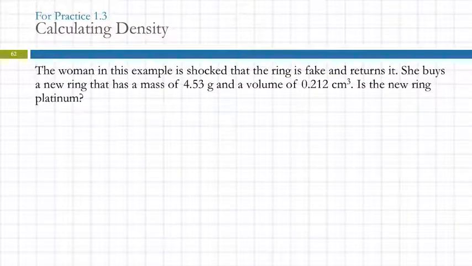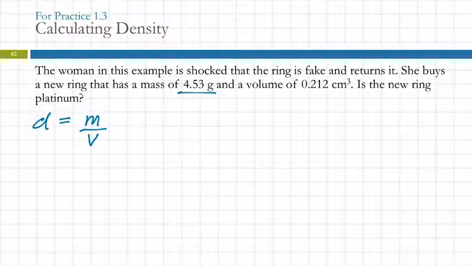The woman in this example is shocked that the ring is fake and returns it. She buys a new ring that has a mass of 4.53 grams and a volume of 0.212 cubic centimeters. Is the new ring platinum? Okay, well, this is the same idea, right? We need to find the density. Density is mass divided by volume.